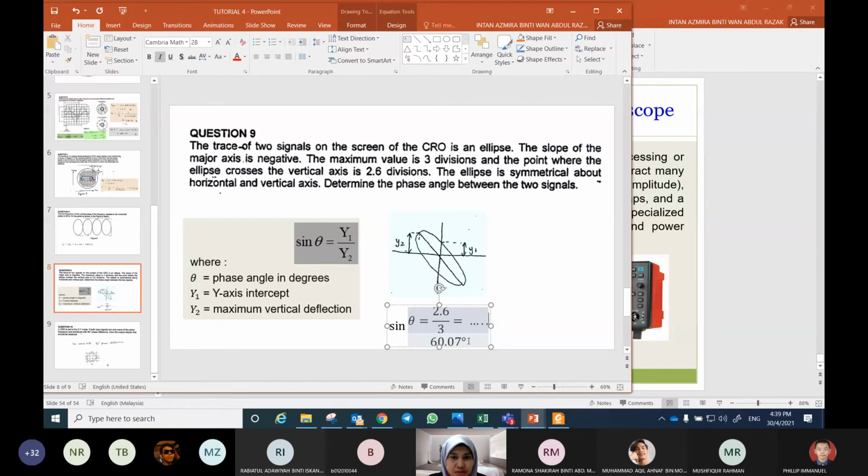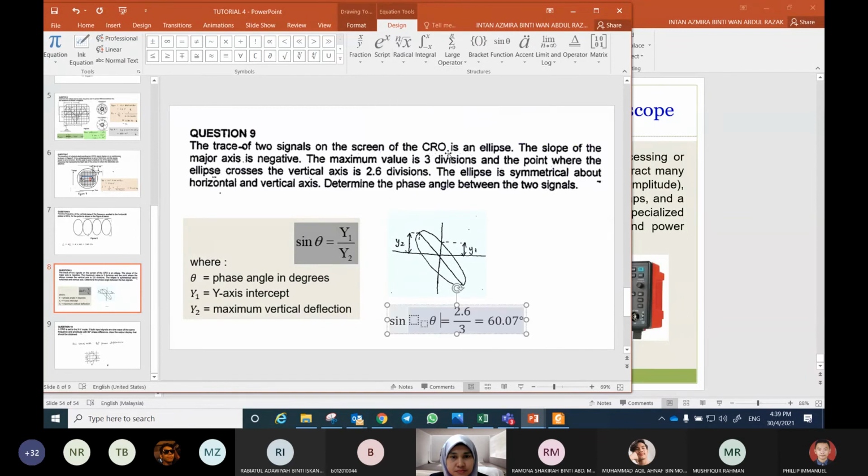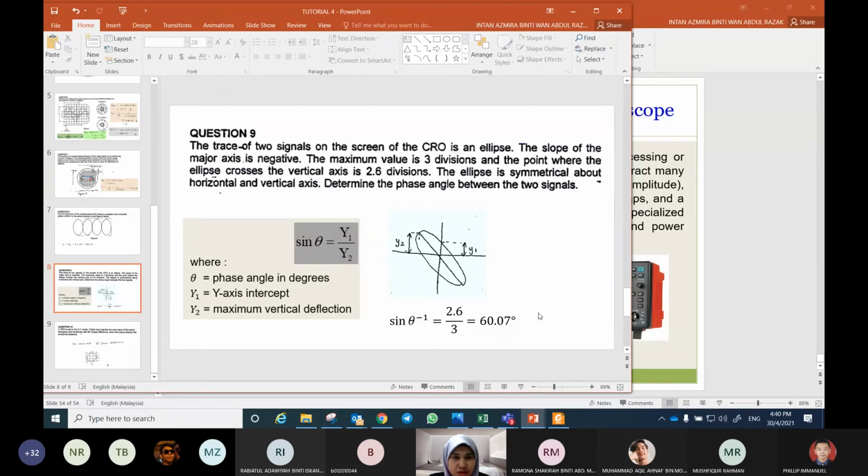Theta is equal to, so it is like this. Done. Am I right?